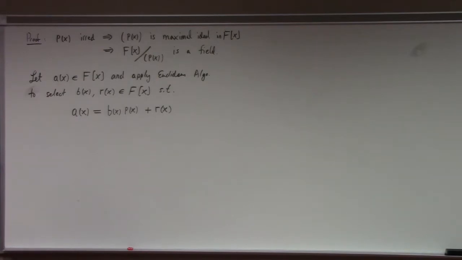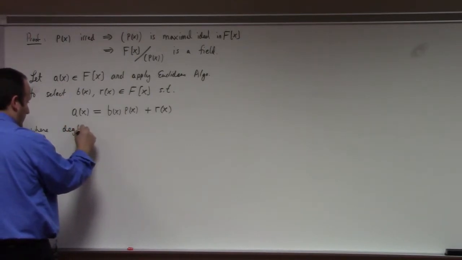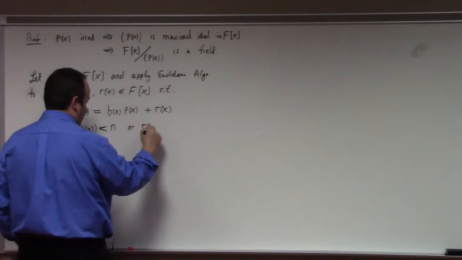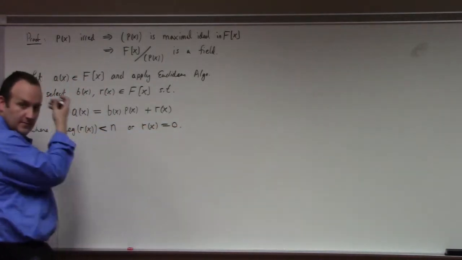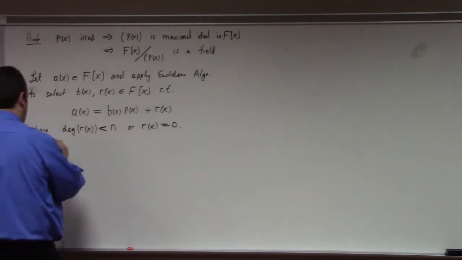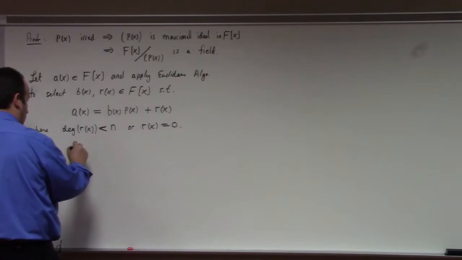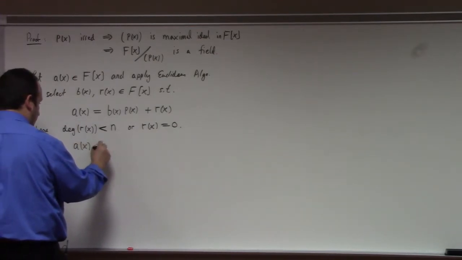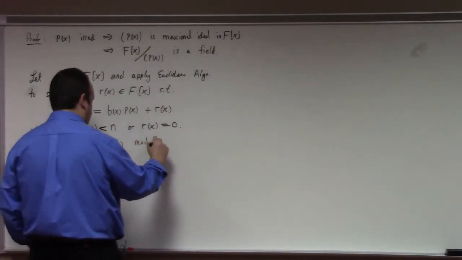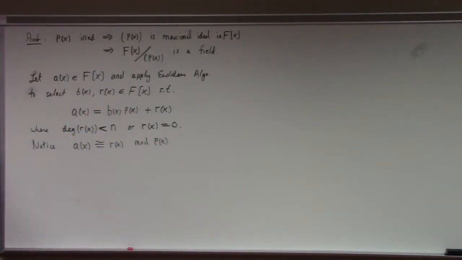Okay, so what can we say about this? Where the degree of r(x) is less than n, or r(x) is equal to 0 straight up. And notice that a(x) is congruent to r(x) mod p(x).